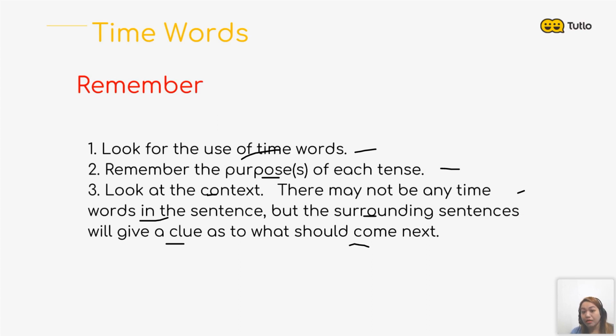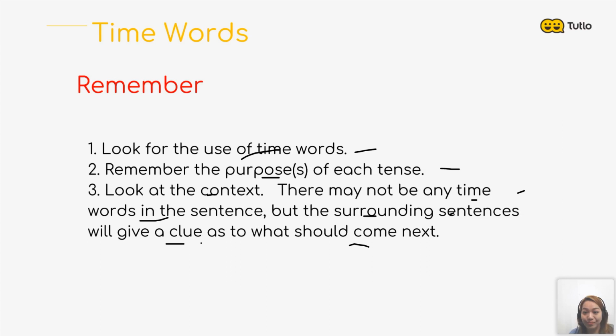It may not have time words, but the surrounding sentences will give you a clue. Good. And that's what we're going to learn today: some time words depending on the tenses of the verb. What are you talking about, Marian? I don't understand. You will understand in the next slide.